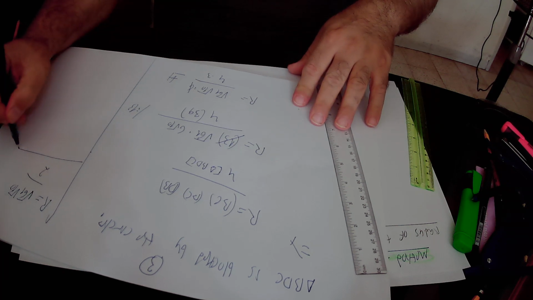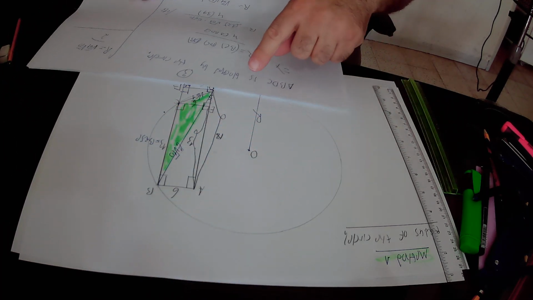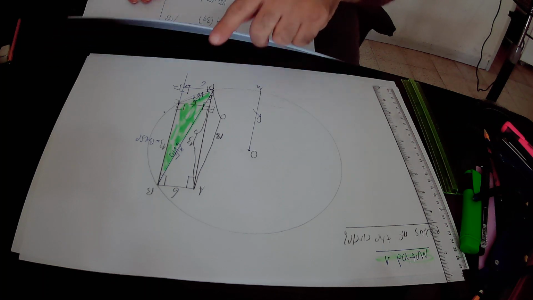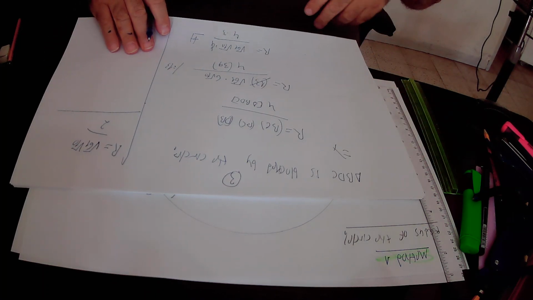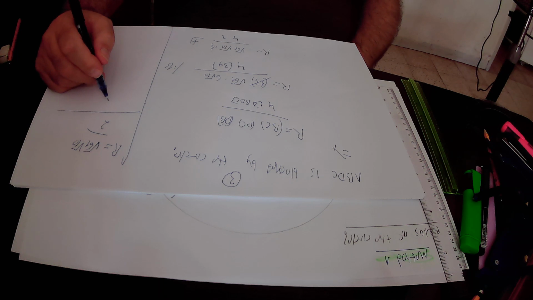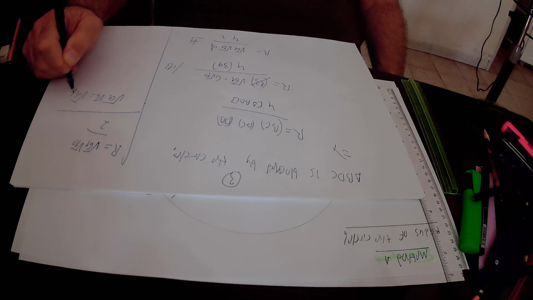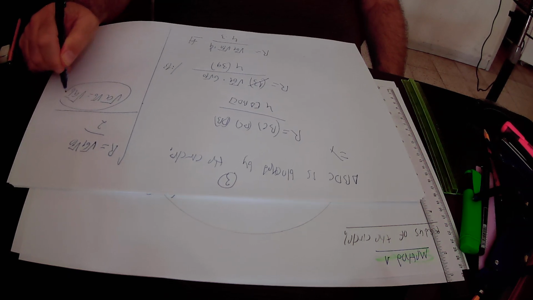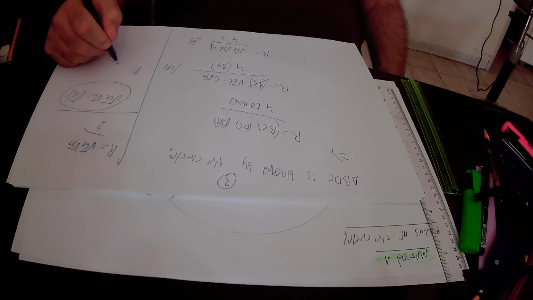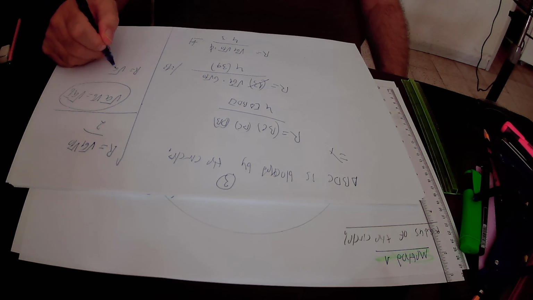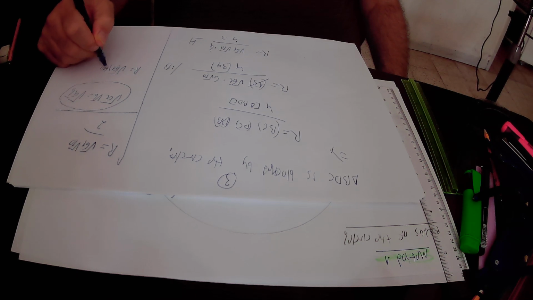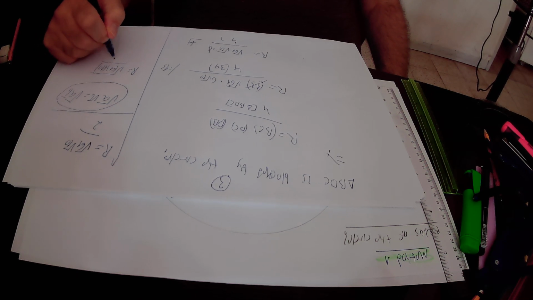Okay, so we found out that the radius of this circle that blocks the green triangle BDC equals the square root of 61 times square root of 10 over 2. According to the algebraic identity that square root of A times square root of B equals the square root of A times B, the square root of 61 times square root of 10 will be equal to the square root of 61 times 10, all divided by 2.